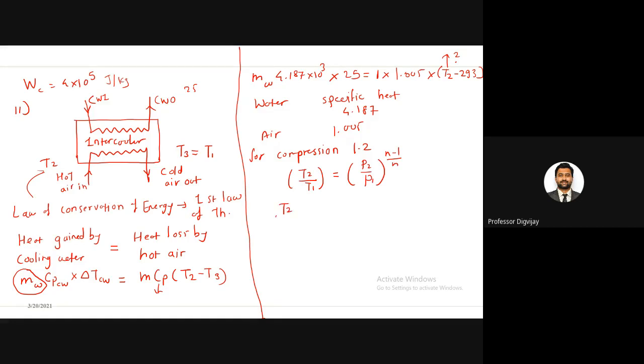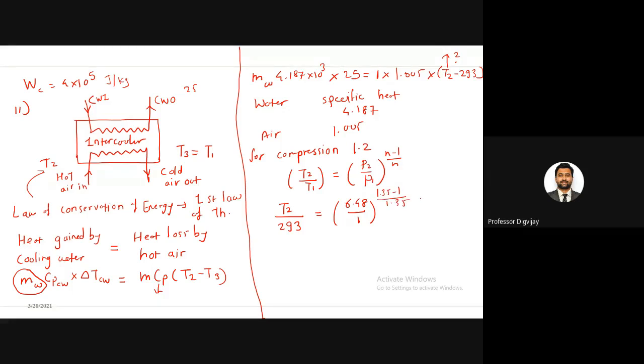Here T2 is unknown. T1 we all know that is 20 degrees Celsius or 293, and P2 we have calculated, that is 6.48, divided by 1, raised to 1.35 minus 1 divided by 1.35.